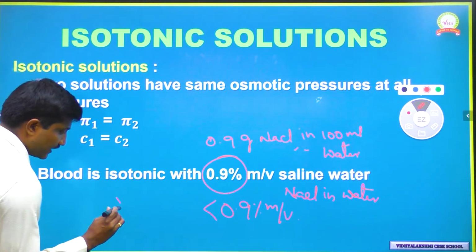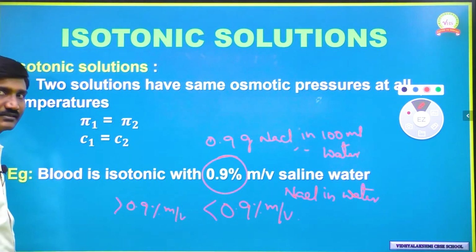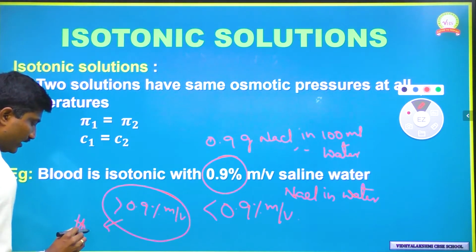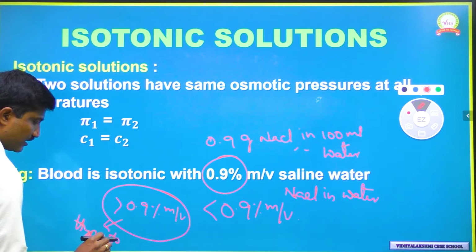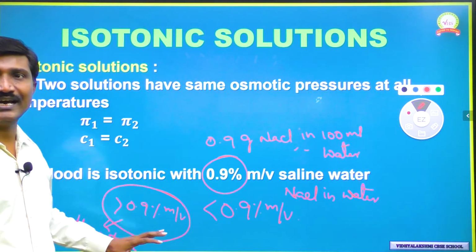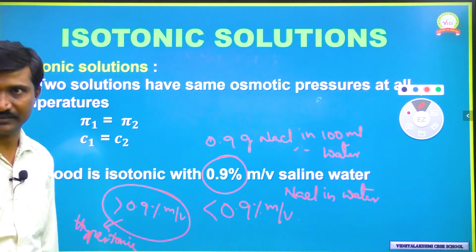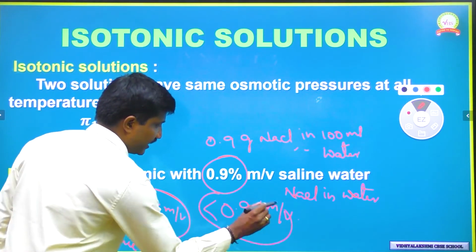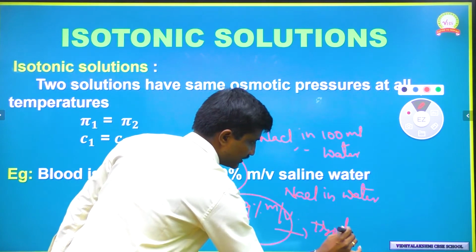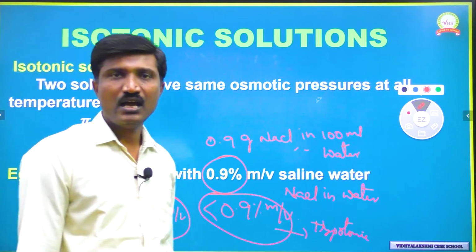If we prepare a greater than 0.9% m by v NaCl solution, then this one behaves as a hypertonic solution. Hypertonic solution means this solution has more osmotic pressure than our blood osmotic pressure. But the hypotonic solution shows less osmotic pressure than our blood osmotic pressure.